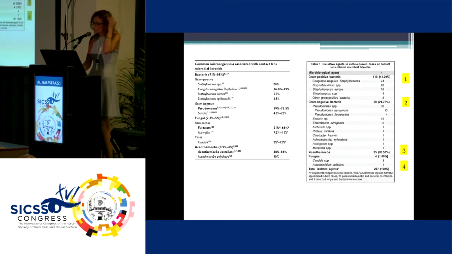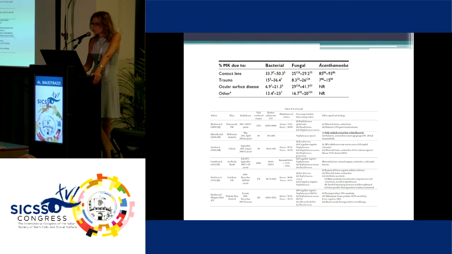The bacteria most frequently associated with this kind of keratitis are gram-positive and gram-negative bacteria, but in most reviews it is reported that amongst the gram-negative bacteria, it's especially Pseudomonas. Then there are Acanthamoeba and fungal keratitis, which are less frequent than bacterial keratitis, but are closely related to contact lenses.